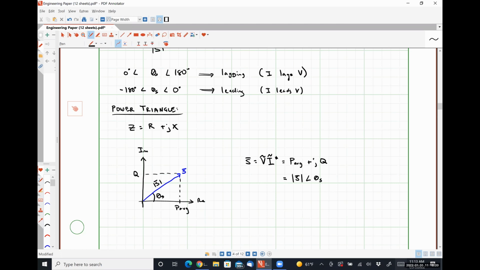The only practical, and I'm using air quotes here because it's not particularly practical, thing that I can think of where you would have a capacitive or a leading load would be if you hooked up a capacitor bank that was oversized to do your power factor correction, or a rail gun. That's it. Pretty much everything else that I can think of is going to be an inductive load and therefore have a lagging power factor.